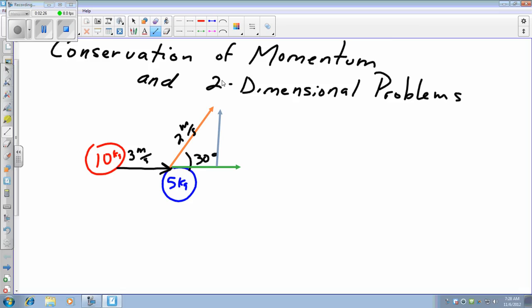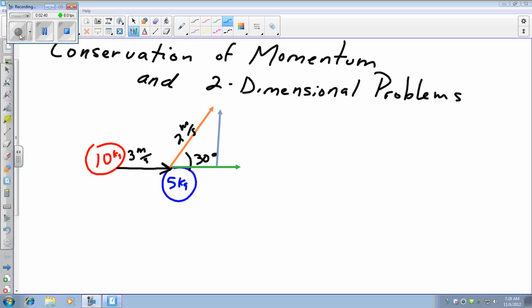So let's think about the initial horizontal and vertical momentums. The initial momentum in the X.